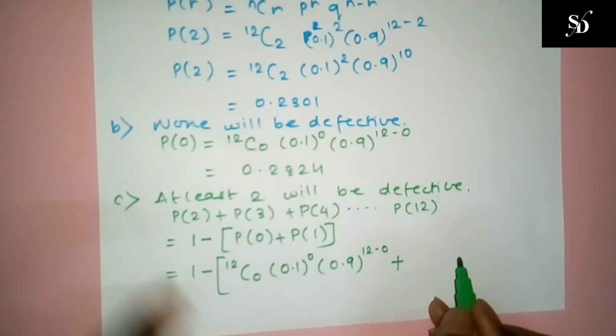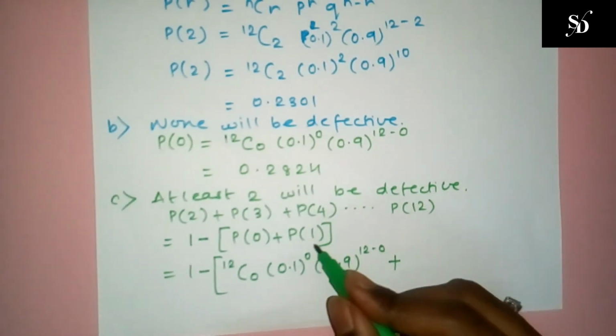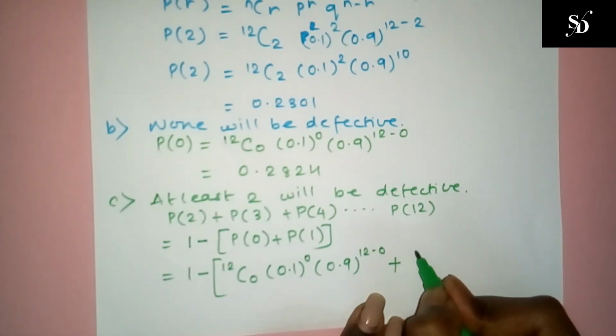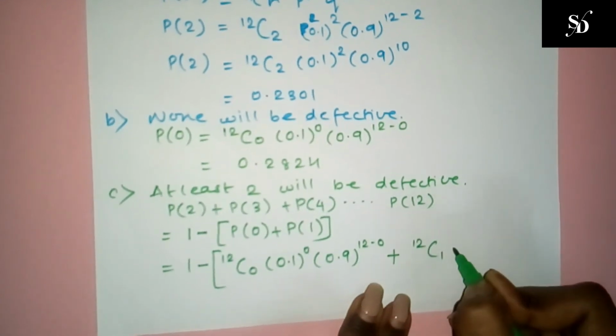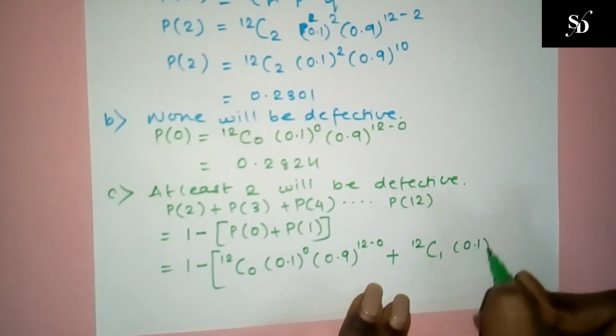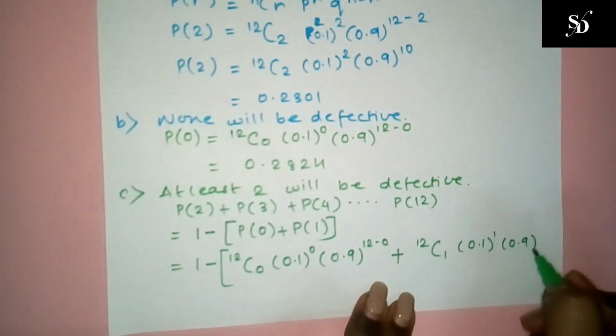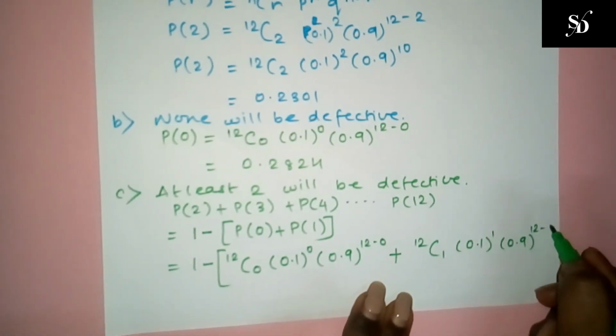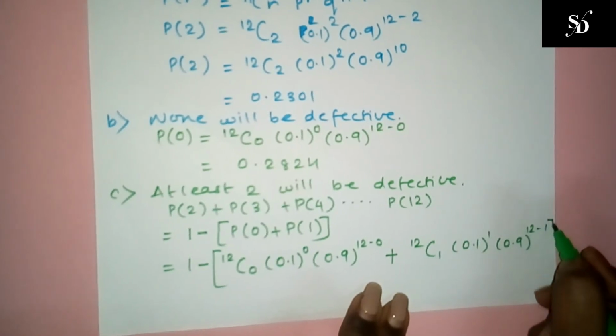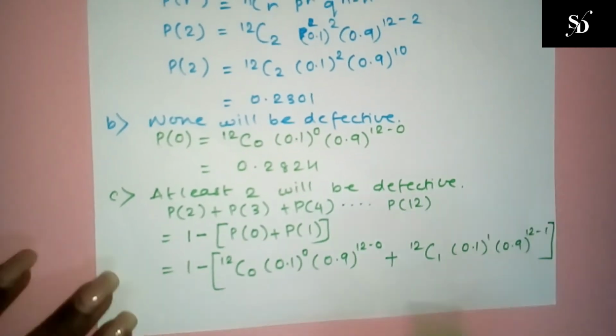Now this part, we have to keep R as 1. So 12C1, P is 0.1 raised to 1, 0.9 raised to 12 minus 1. So now this thing is ready with the formula.